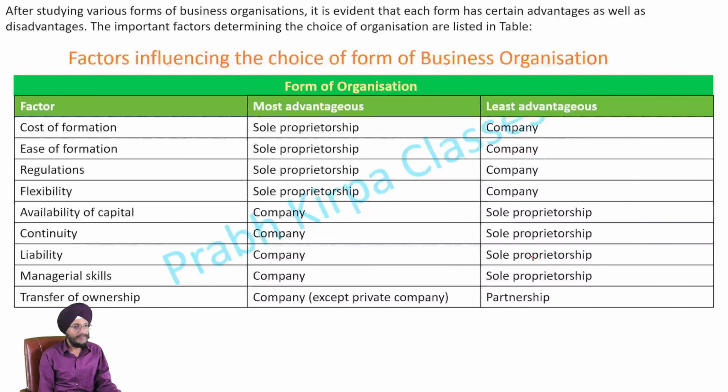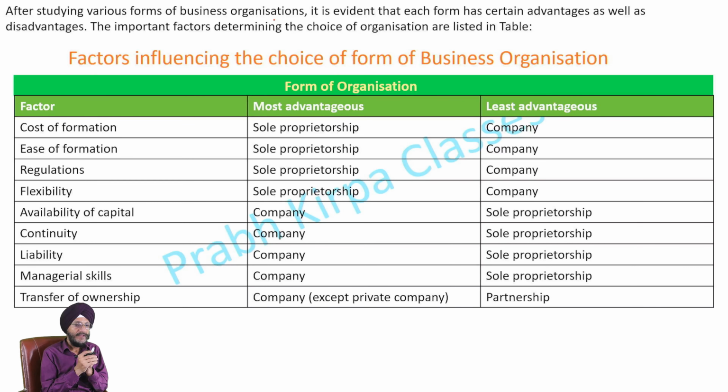Now our topic is factors affecting the choice of form of business organization. So far, we have studied the various forms of business organizations and we have gone through the merits and limitations of each form of business organization.